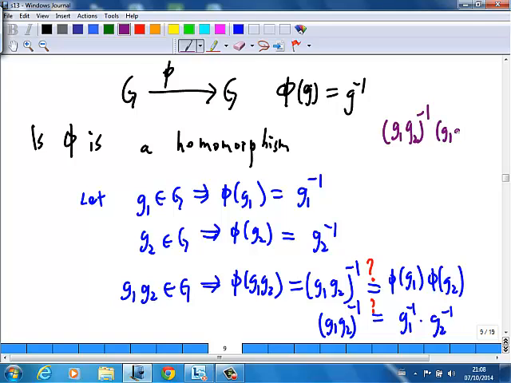(G1 G2) inverse times G1 G2 must give you E. So what should it be? Very easy to understand. Just by trial and error, you know the answer is this one.